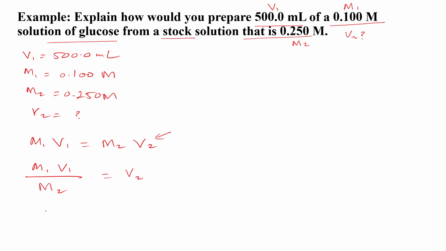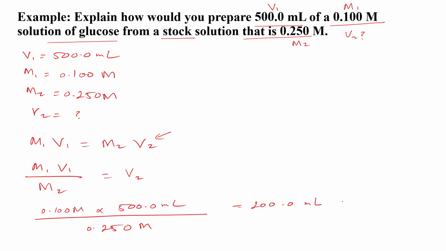And now we will plug in all these numbers in the formula. You have to be careful, don't mix up the molarities. So M1 is 0.100, volume is 500. So you have 200 mL, right?